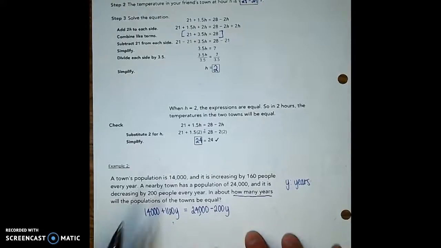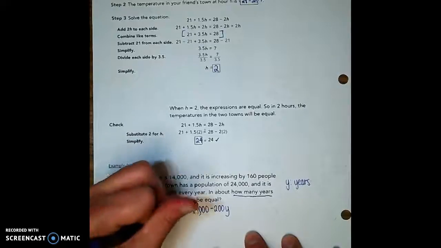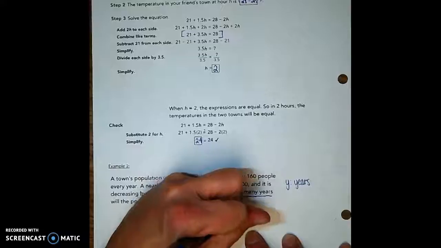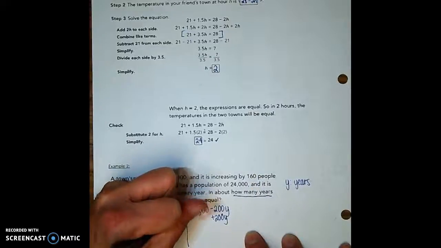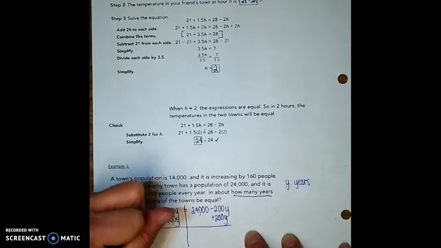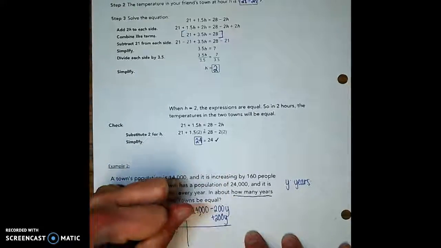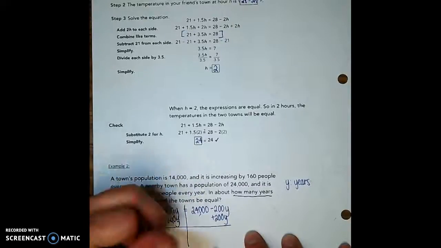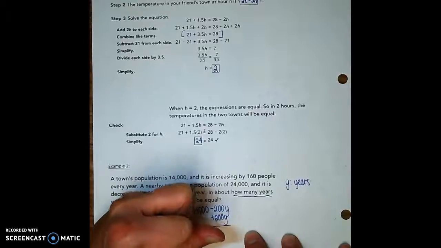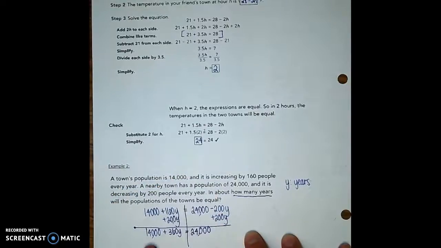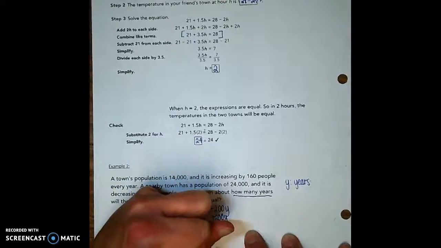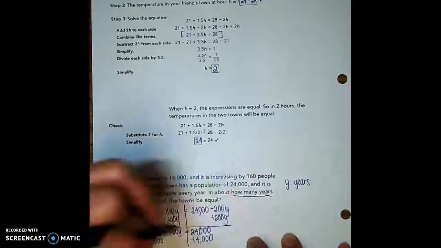So I think it's easier to get rid of this minus 200y since it's kind of like dealing with a negative. So I'm going to add 200y to both sides. There is really nothing to simplify before we get the variables on the same side. So that's going to leave me with 14,000 plus 360y equals 24,000. Next step, I want to get rid of this 14,000, so I take away 14,000 from both sides, and we are running out of room here.